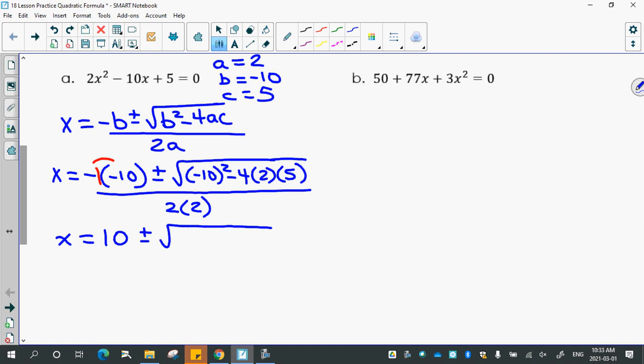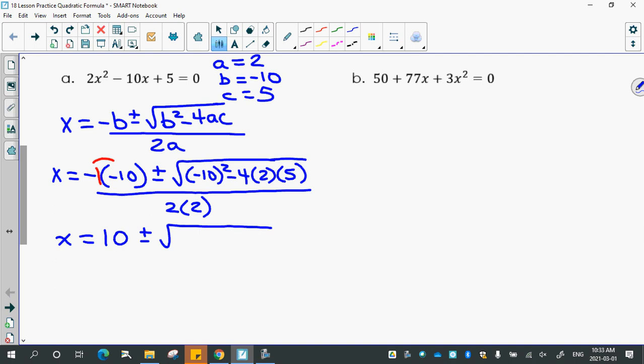Now in this next step, you should be able to get the number under the square root sign all at once. So you want to type into your calculator. Now, when you square a negative number, what do you get? All the time, right? 100% of the time? Negative 10 times negative 10 is positive 100. So I don't even type the negative in my calculator, I just go straight to 10 squared, because I know negative 10 all squared and 10 squared are exactly the same thing.